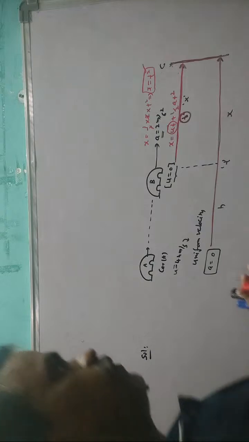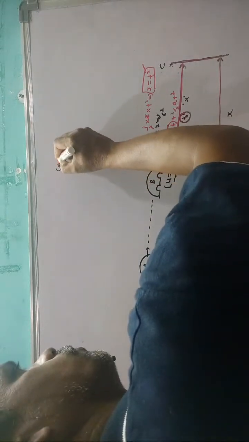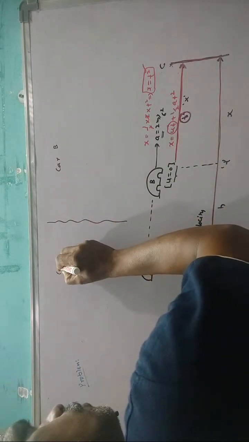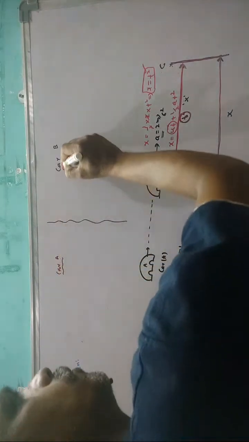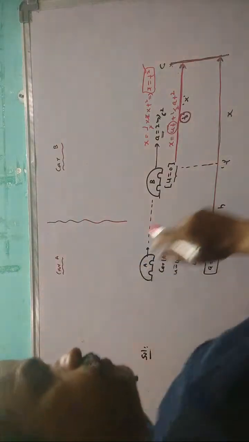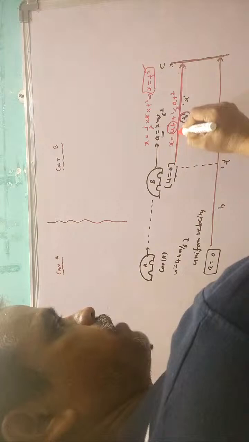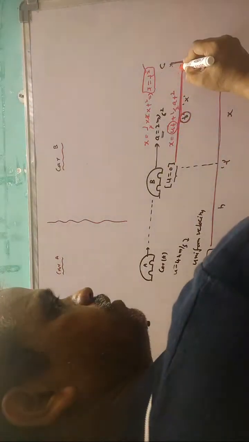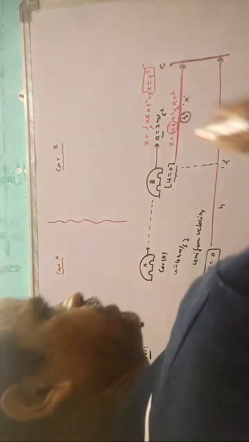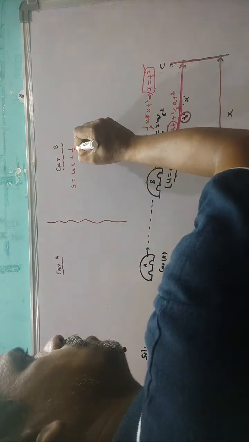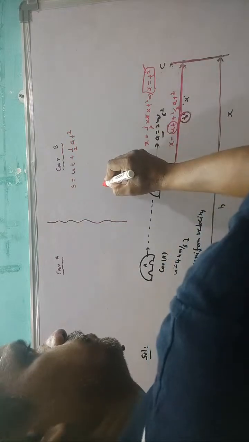So we have car B, we have car A. For car B, it has to travel x displacement to reach C. So s equal to ut plus half at square.